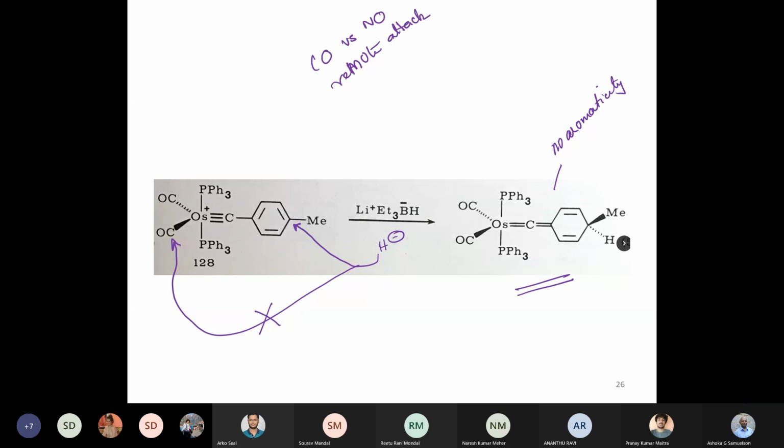This could have generated a Fischer type carbene complex where OS is bonded to C, OMe. This would have been a perfectly valid structure. If I did not know this reaction, I would have predicted this. This would have been my favored product.